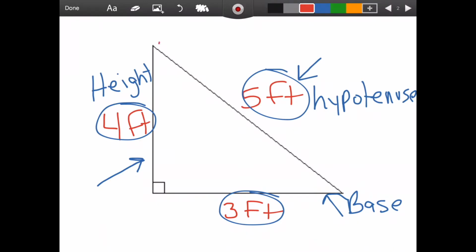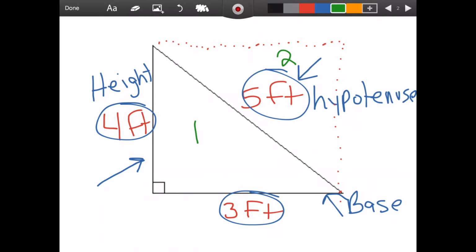So I'm going to draw a dotted line here. It's not going to be perfect, but it's going to be good enough. And you may notice that now we have a right triangle here, which is the first one we had, and we also have a right triangle up here, which is the second one. Together, those 2 right triangles make a rectangle.